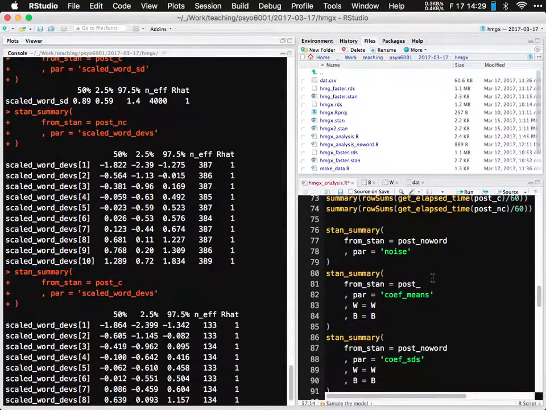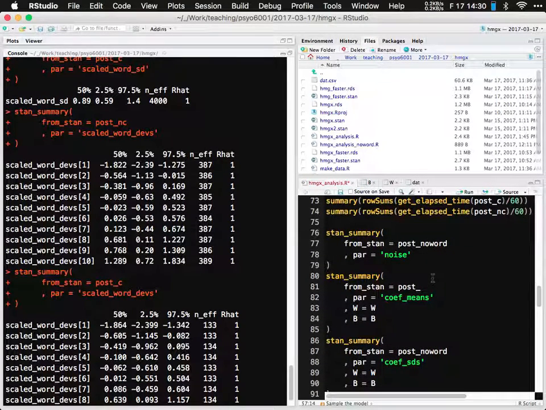I'll also say there are some scenarios where the centered version will actually sample faster than the non-centered version, but that's unlikely for us to experience in psychology. Usually it has to do with how much data you have at each level of a given sort of label variable.